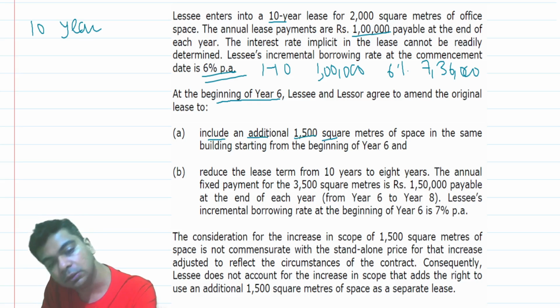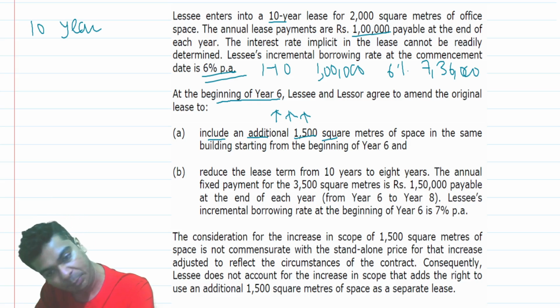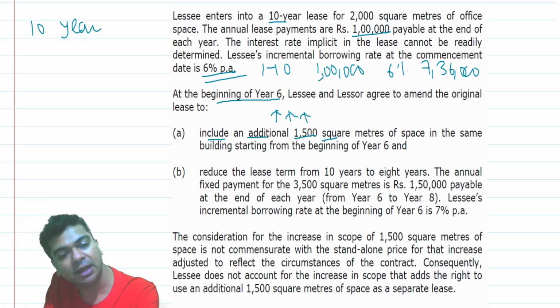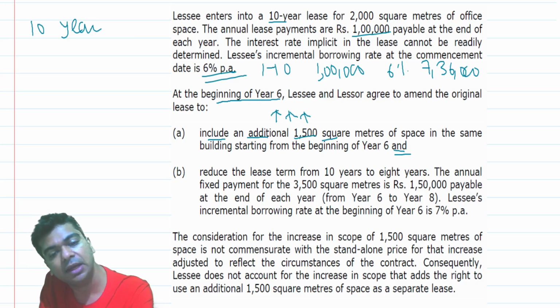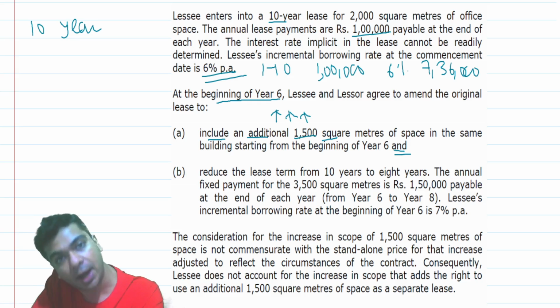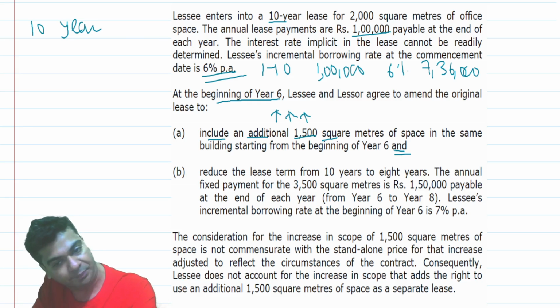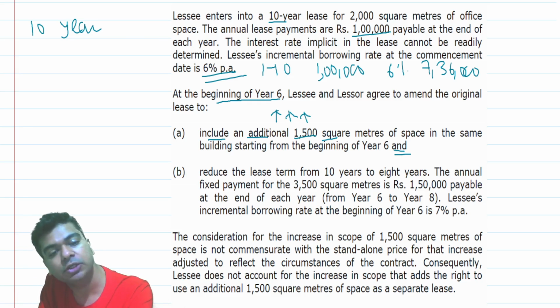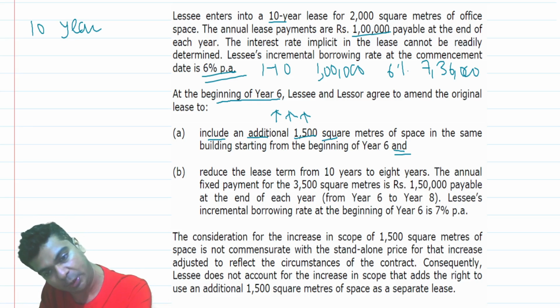That means the scope of the lease is increasing. You are increasing the scope of the lease in the same building starting from the beginning of year 6, and two things are happening. See, and reduce the lease term from 10 years to 8 years. On one hand, you are increasing the scope of the lease, and on another hand, you are decreasing the lease term. They are saying we will reduce the lease term from 10 years to 8 years.